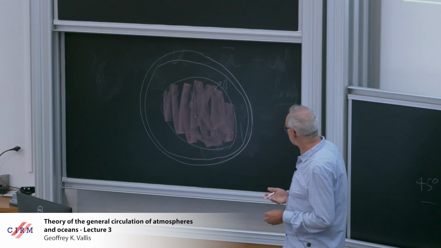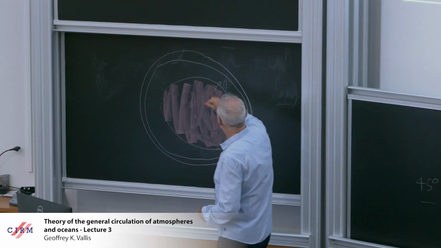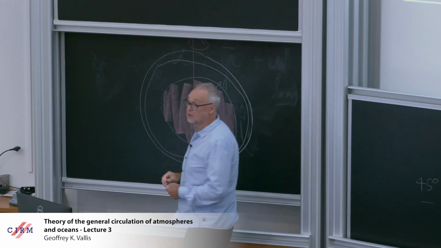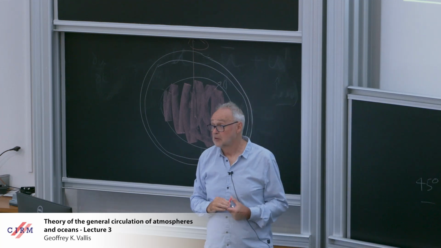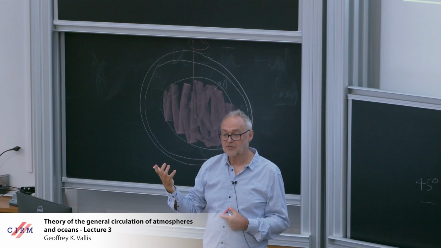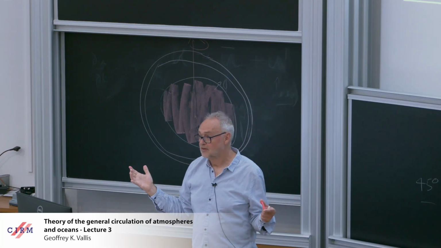And two-dimensional turbulence occurs in two ways. First of all, Jupiter is rotating like crazy. It's going around every 10 hours. And Jupiter's 10 times as big as Earth.